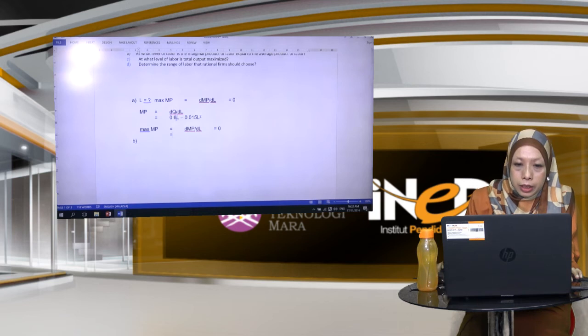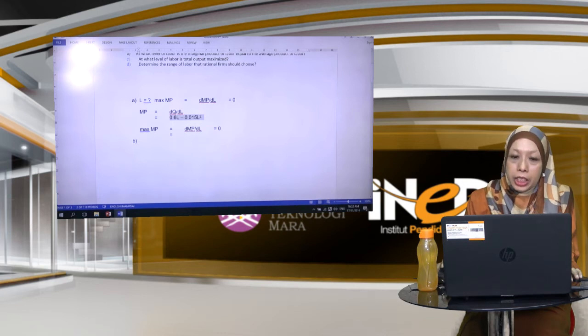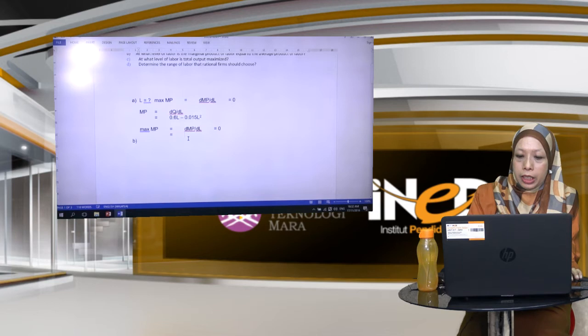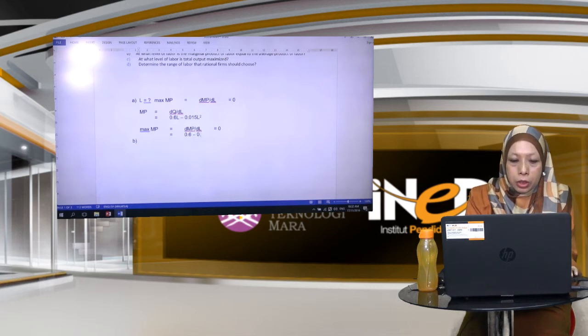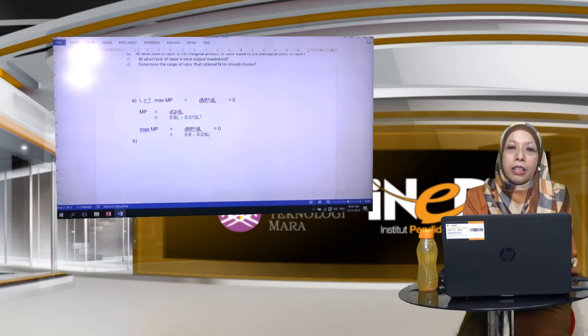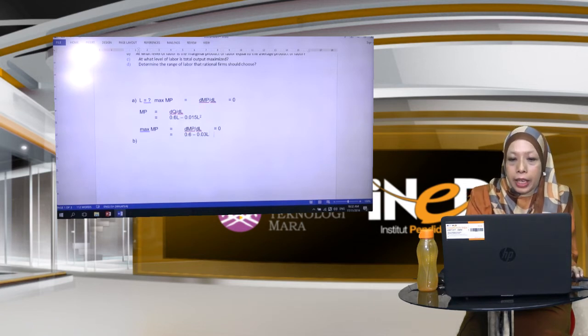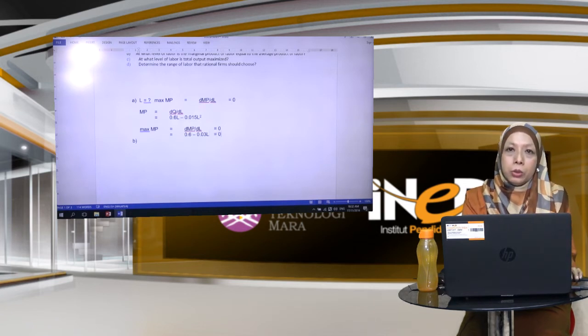These are your marginal product. You were asked to differentiate it, so let's differentiate it. Differentiating gives you 0.6 minus 0.03 L, and you set it equal to 0.